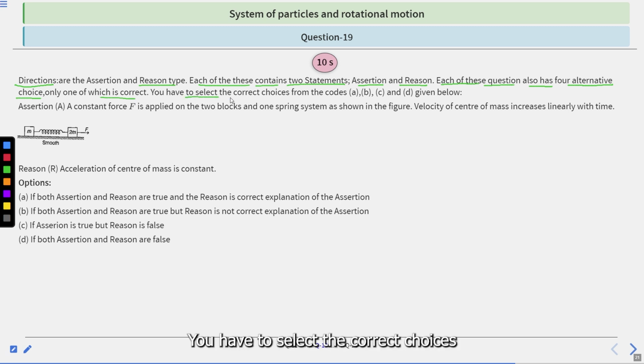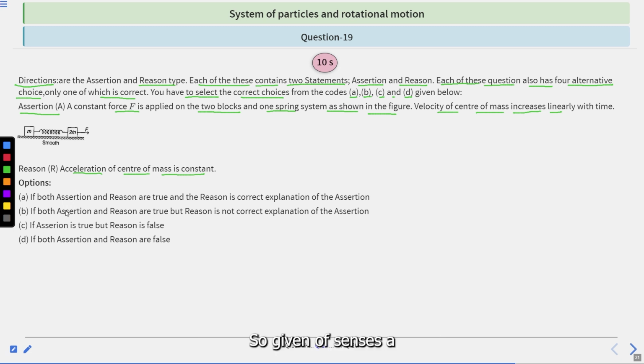You have to select the correct choice from codes A, B, C, and D given below. Assertion: a constant force F is applied on the two blocks and one spring system as shown in the figure. The velocity of center of mass increases linearly with time. And the reason is the acceleration of the center of mass is constant.